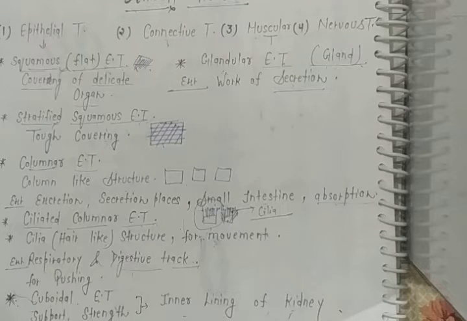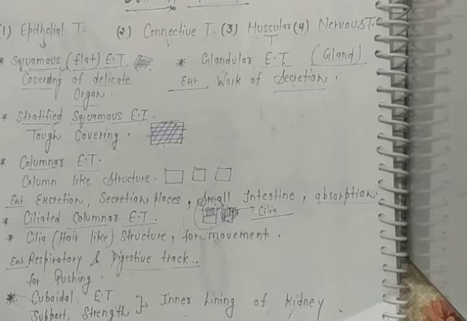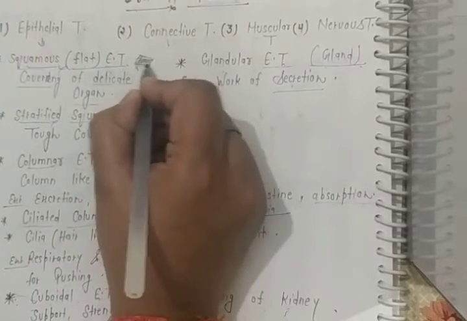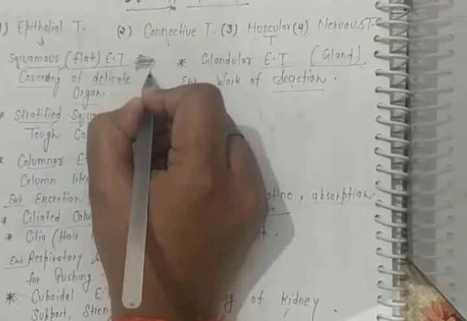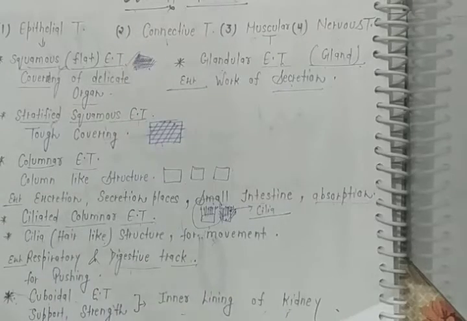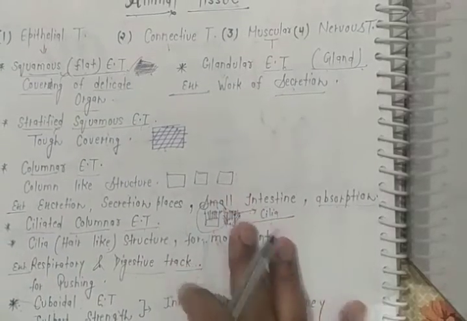So squamous epithelial tissue makes the covering of all delicate organs present in the organism's body. These are known as flat tissues because they are made up of a single layer.